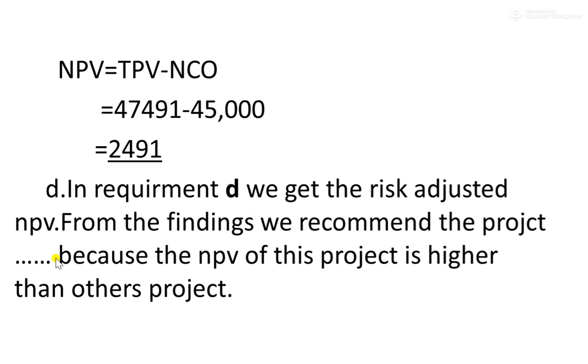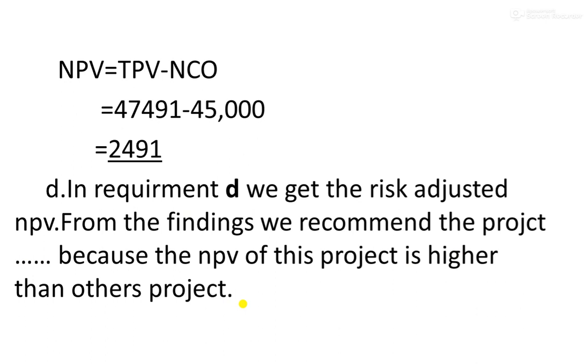I just give an idea for this answer: the project whose NPV is higher than the other projects. If project X has the higher NPV, then it is acceptable. If Y, then it is acceptable. If Z, then it is acceptable.